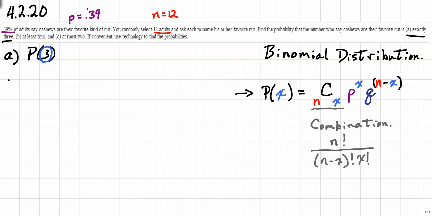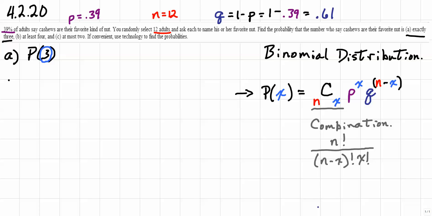And then Q is going to be equal to 1 minus P, which means Q is equal to 1 minus 0.39. So in this case, Q is going to be equal to 0.61.